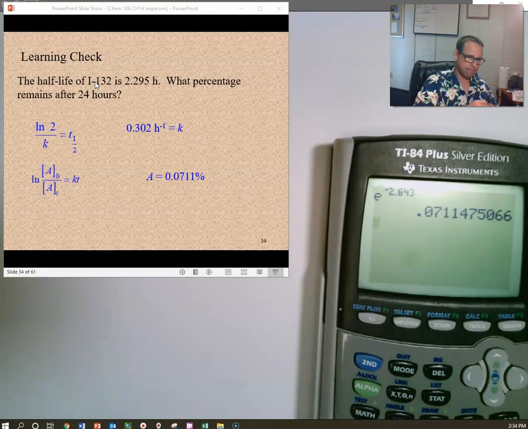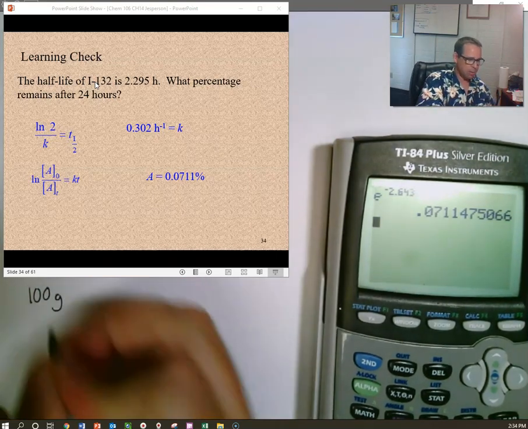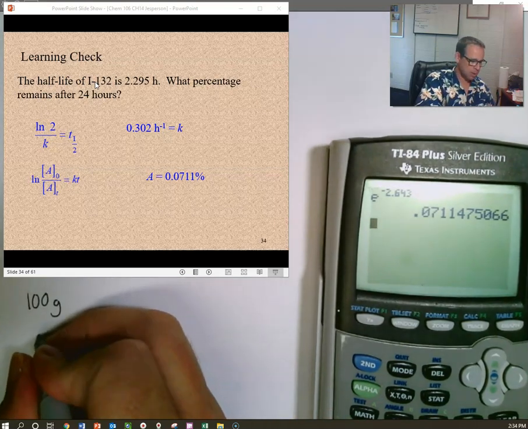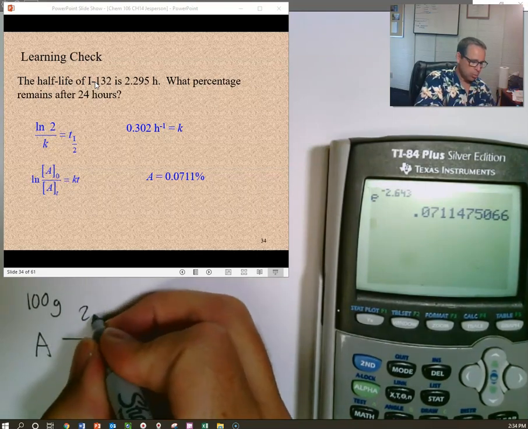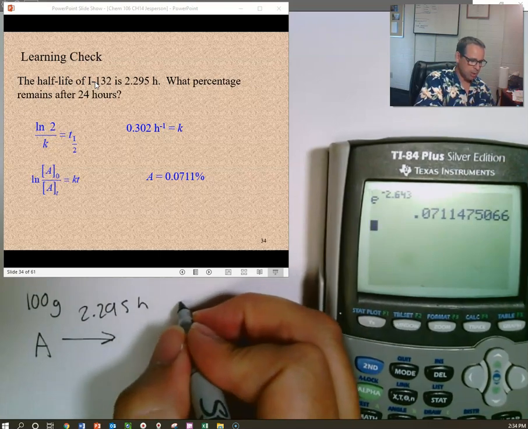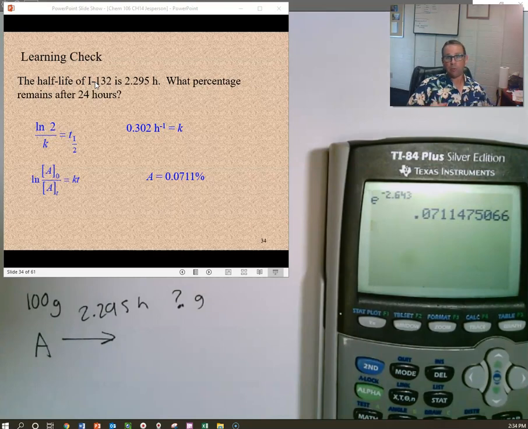You would have 50 grams left, because 2.295 hours is one half-life.